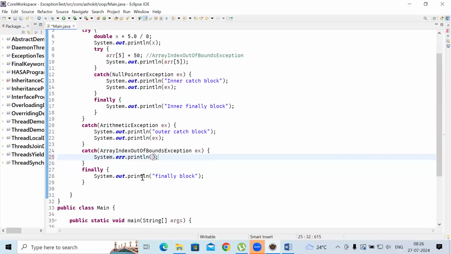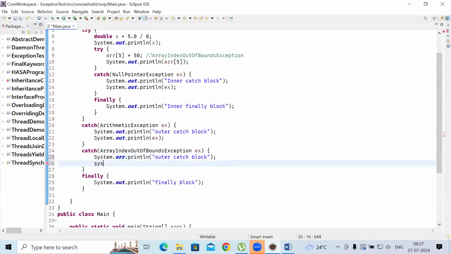I can write System.err.println also. ERR means error, it's just a representation. Outer catch block. How to display this exception again? Sys out. So far, am I good?